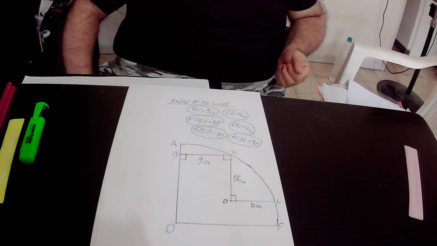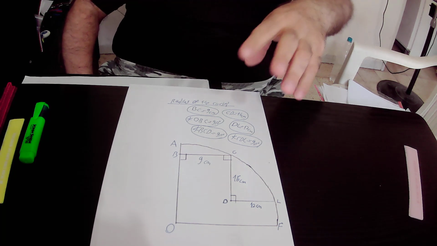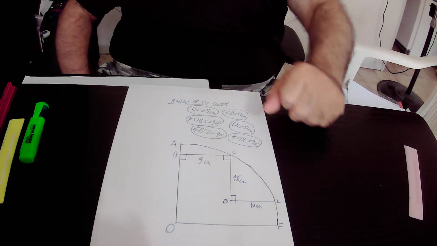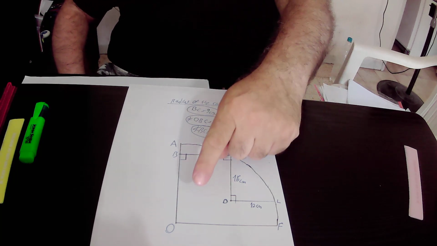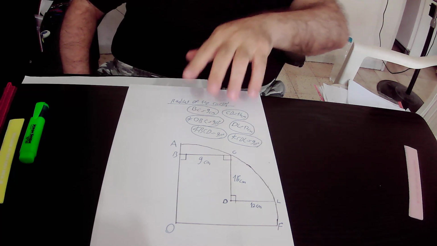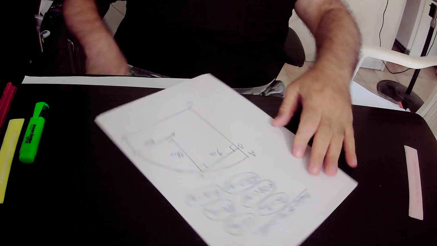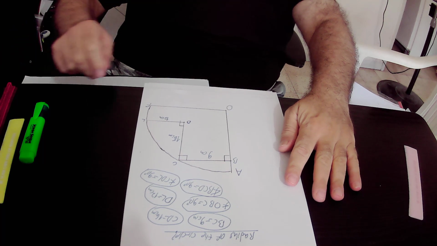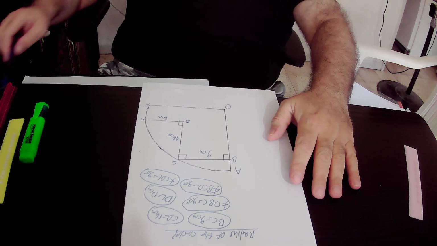So because this is a quarter circle, this point O is the center of the quarter circle. So here you can write down that point O is the center of the quarter circle.